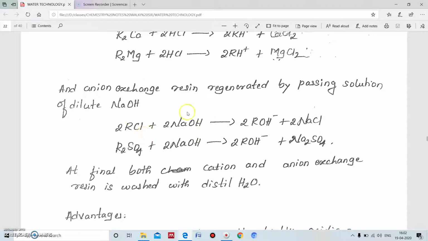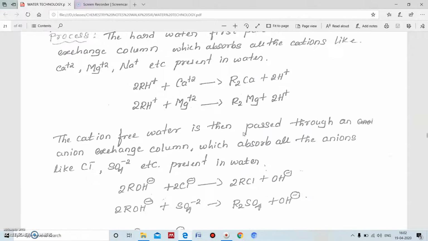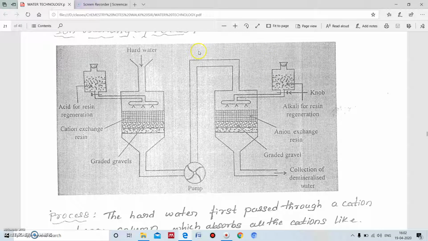So when we pass the base, the OH- ion present in the base exchanges with the negative anions present in the resin, and the anion exchange resin is regenerated. After all this, the entire chambers are washed with distilled water. Again the ion exchange process is restarted.